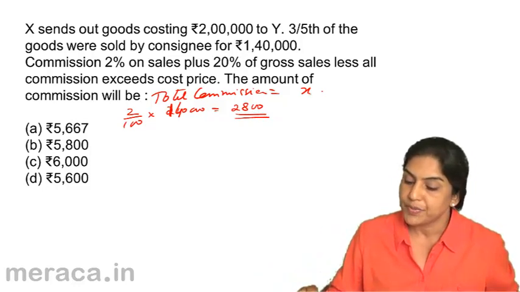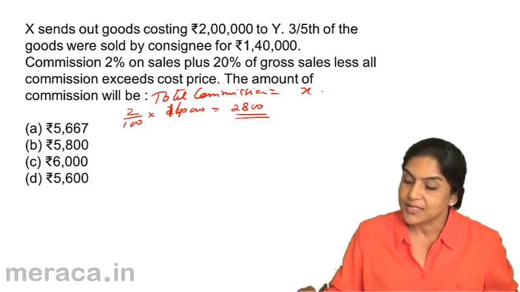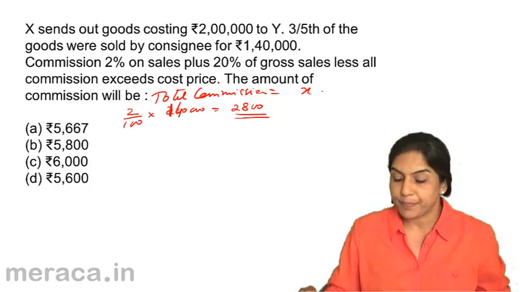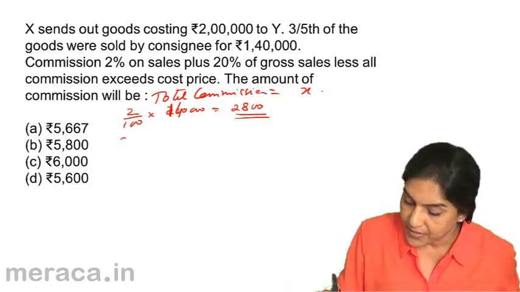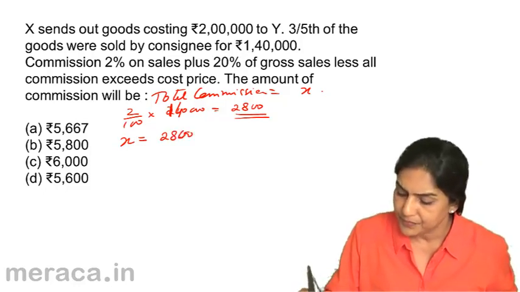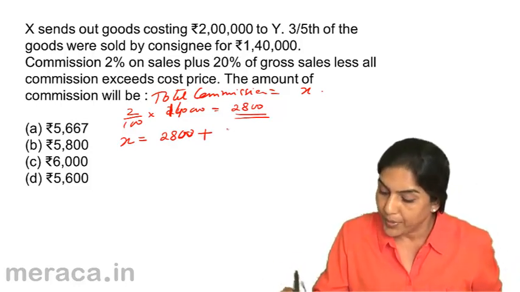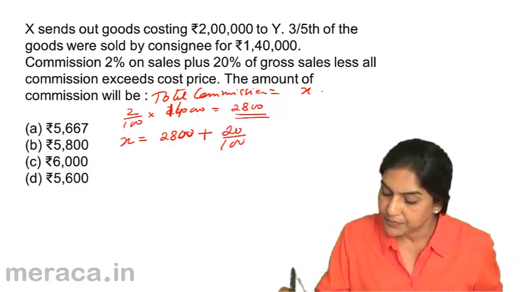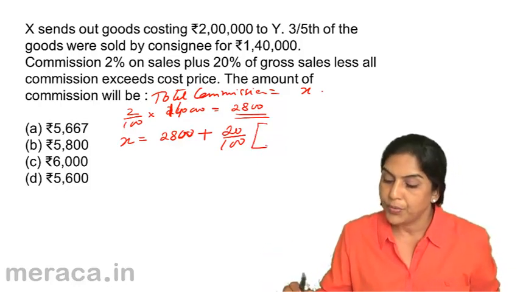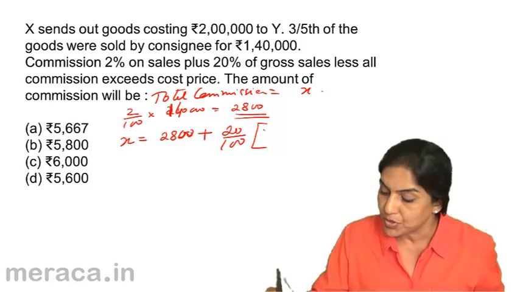So commission is 2% on sales plus 20% of gross sales less all commission exceeds the cost price. So can we say that X is equal to 2,800 plus 20% of what? 20% of gross sales less all commission. What is your gross sales?